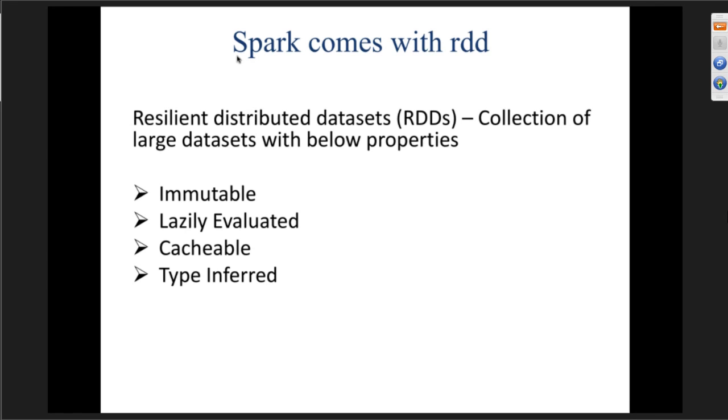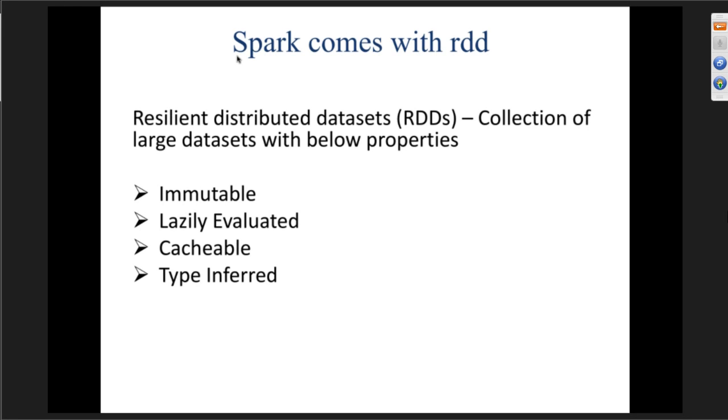transformations and actions. Transformations are nothing but you have an input, and you're generating an output. That means you're transforming the input to an output. So that's a transformation. What is an action? Action is nothing but when my output got generated, how many records are there, count or selection or entire storage.